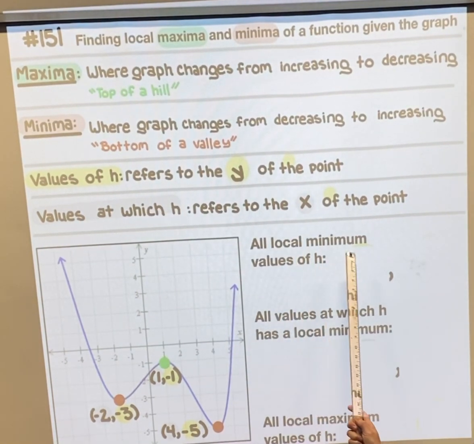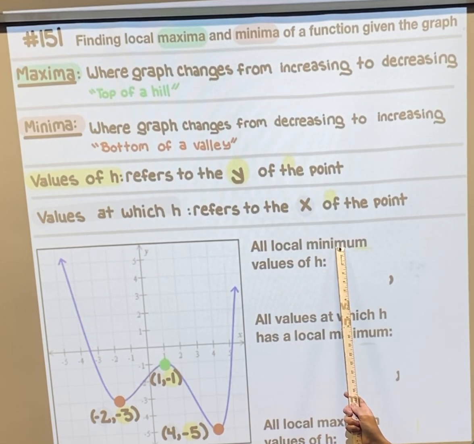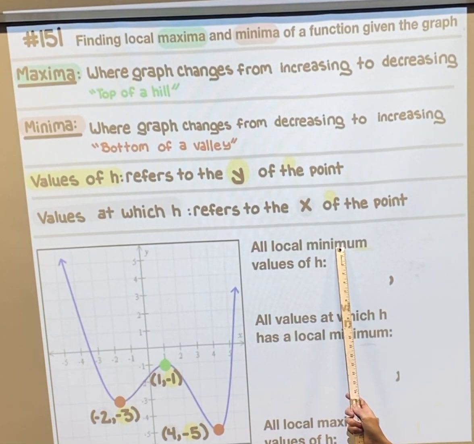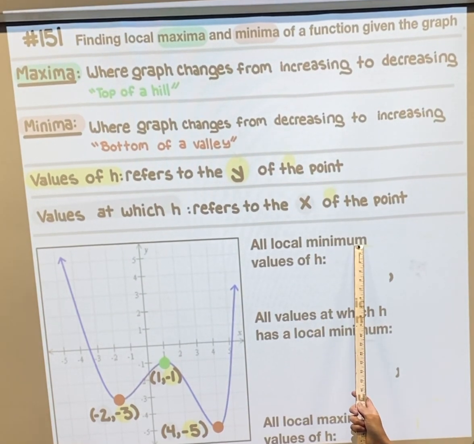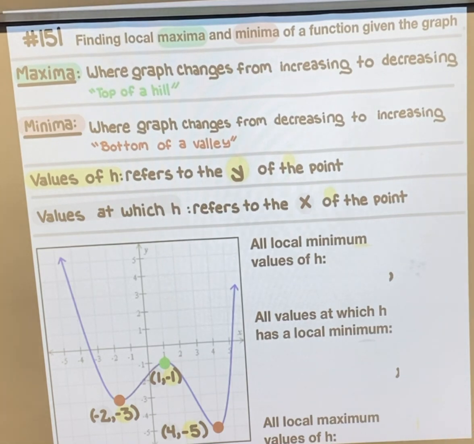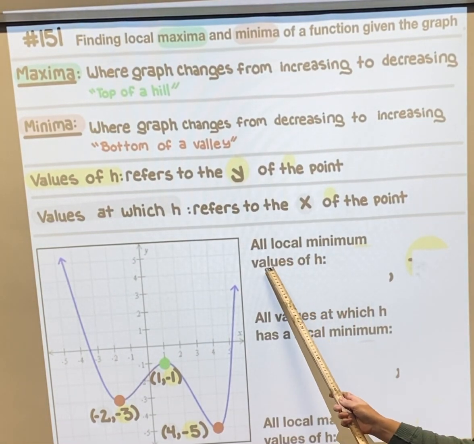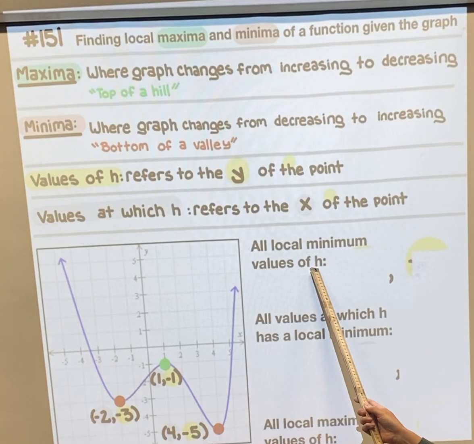So this wording right here is referring to an x. So when I first just go ahead and read through these, all local minimums. So far we're like, okay, we want the bottom of the valleys, all local minimums with values. I think I have something covered up there. Oh, sorry. All local minimum values of H, and values of H is the Y coordinate.